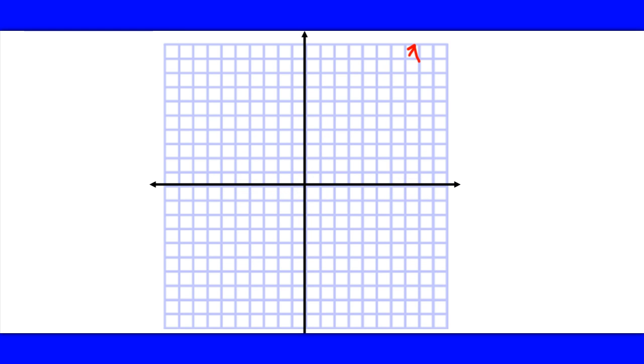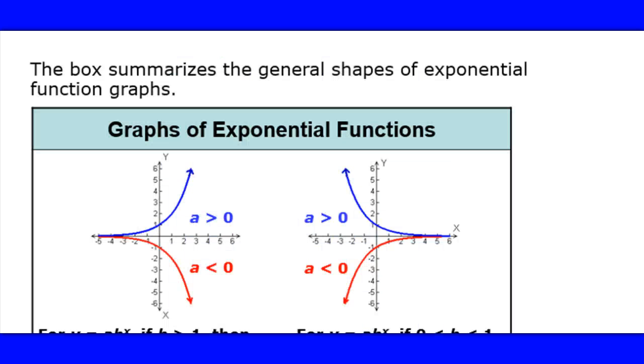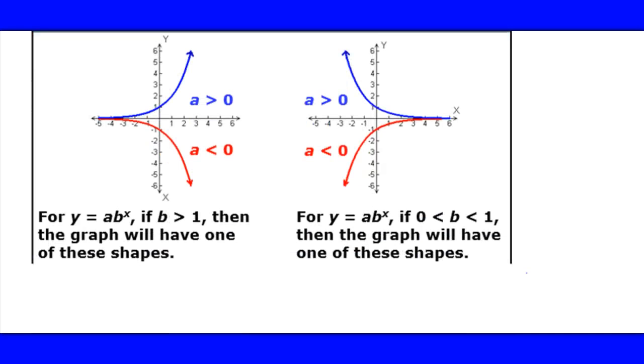It could look like this, okay, with the values going down, or it could look like this, okay? So there's actually 4 different ways that this could look. So let me kind of help you with those, all right? This kind of just gives you a summary of what's going on there.